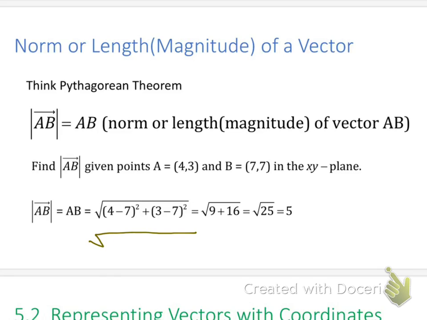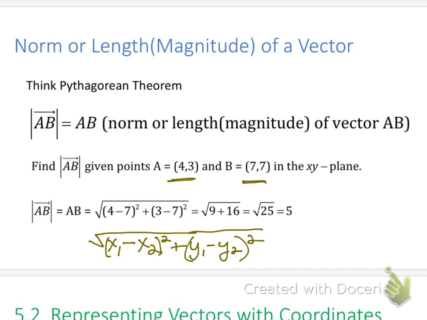So if I want to figure out the length of this vector from A to B, then I'm going to say x1 minus x2, put that in parentheses and square it, plus y1 minus y2 in parentheses and square it. That will be equal to your distance.